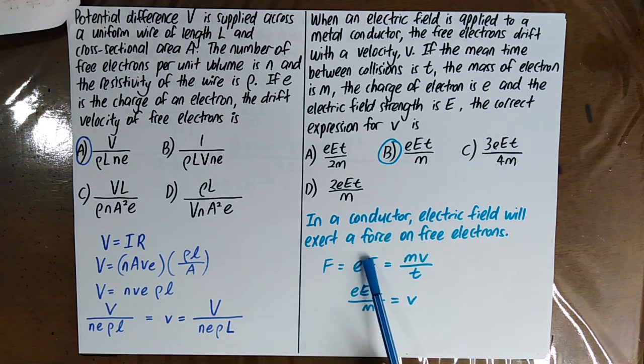So F = eE = mv/t. F = ma is Newton's second law. F = eE comes from the definition of the electric field strength. Therefore, you know that v equals this expression.